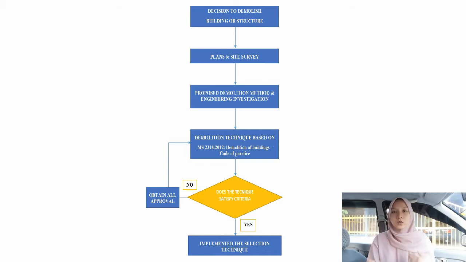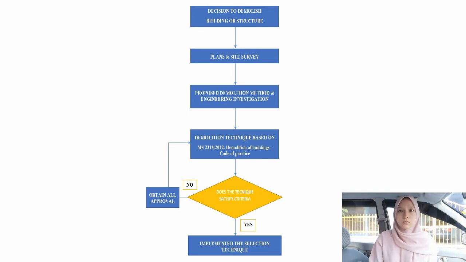After that, we need to know if the techniques satisfy the criteria or not. If it does not satisfy the criteria, we have to obtain all the approvals, and if it satisfies the criteria, we can implement the selected technique to the demolition work.